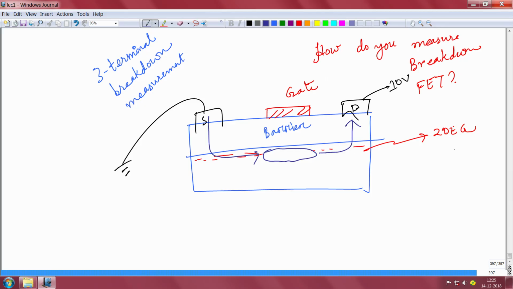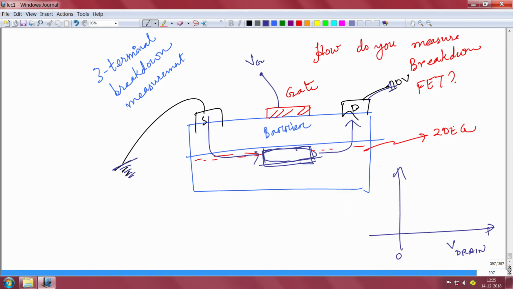So, the way you measure 3-terminal breakdown is that you apply a gate voltage such that you deplete the channel very strongly. Suppose at -4 volt you can deplete the channel, you go to -5 volt. You make sure that the channel is completely depleted. Now, you ground the source and you sweep the drain voltage, V drain, gradually from 0 to whatever.